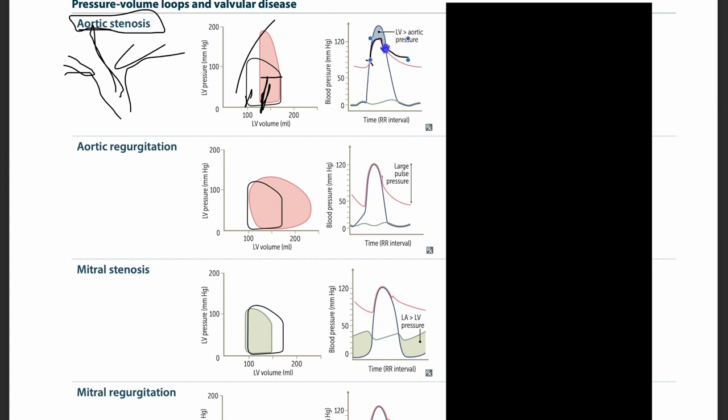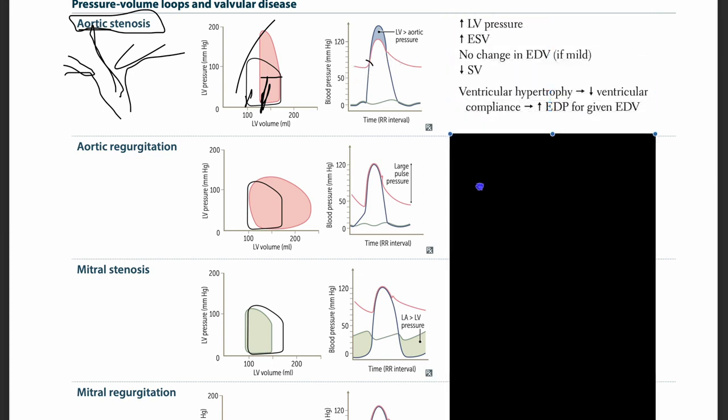So there will be a dicrotic notch when it closes, but the pressure is less. So if they just gave you a chart like this and an aortic line like this, you should know that's because of aortic stenosis. That's like a giveaway.